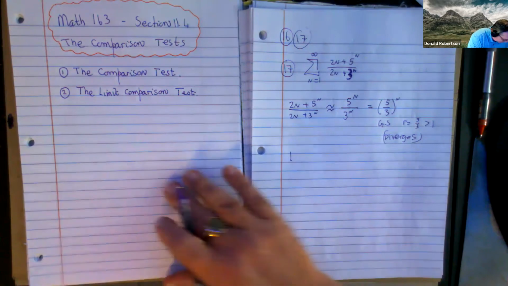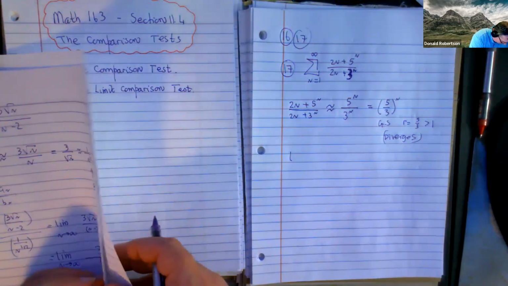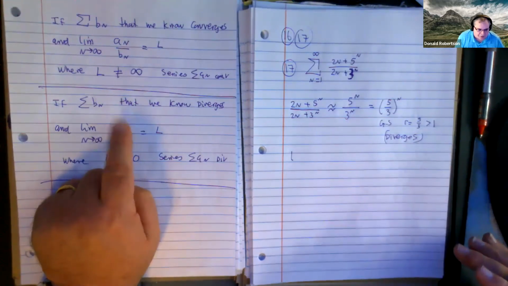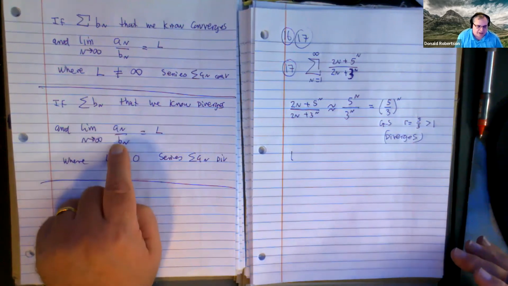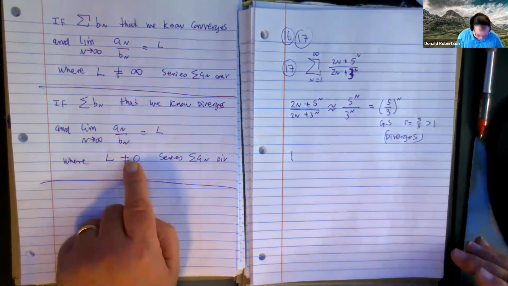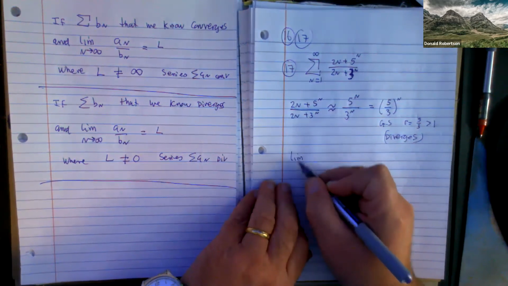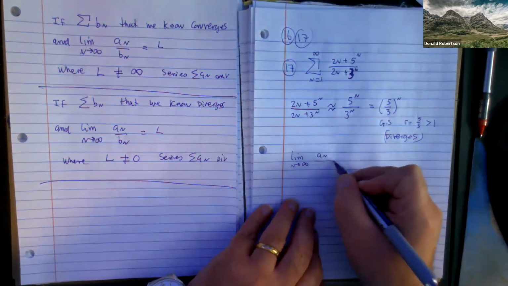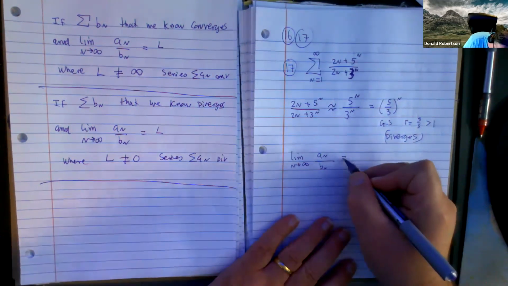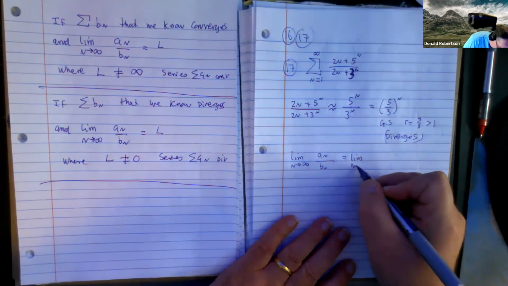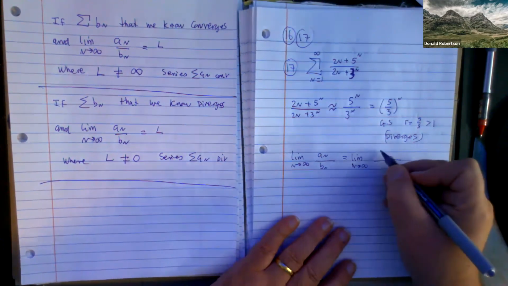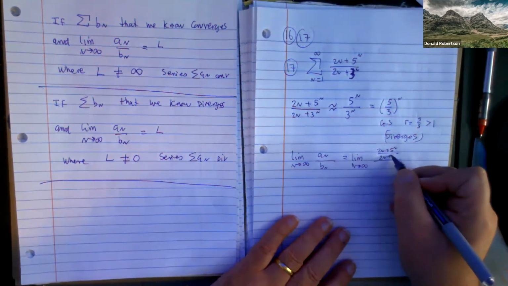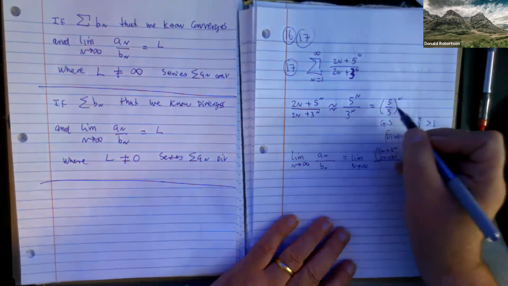So, where's my guy? I threw him away? I hope not. Here we go. There's our guy. This fella here, right? We want to prove that the ratio AN over BN is a number that's not 0. So it's going to be the limit as n tends to infinity of AN over BN. So it's going to be the limit as n tends to infinity of the original function divided by this guy.